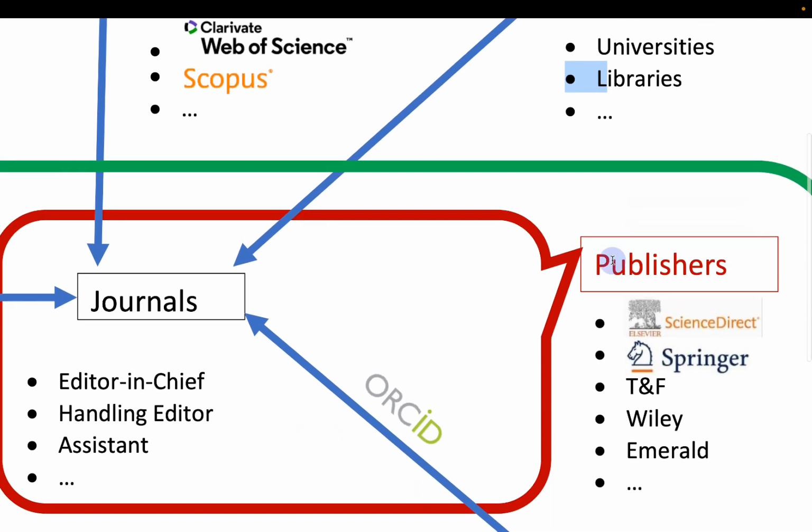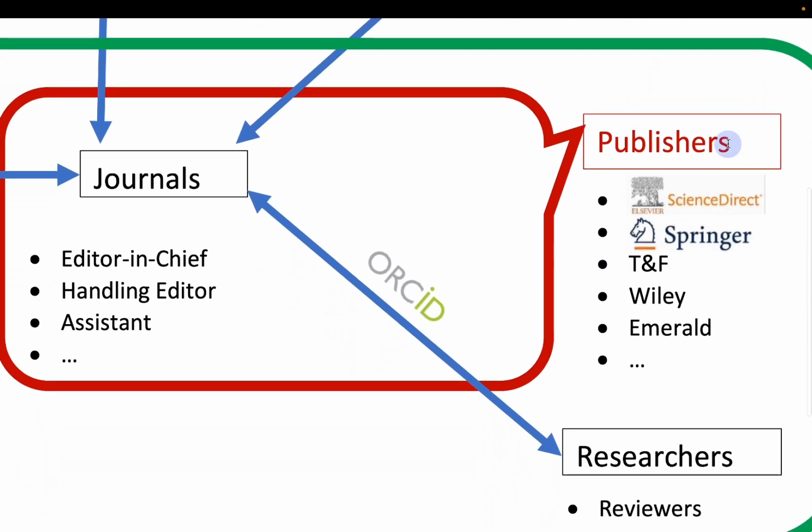Another player is publishers. The most well-known publishers are ScienceDirect, Springer, T&F or Taylor and Francis, Wiley and Emerald. They help journals offer the accepted papers in a pleasant environment to potential readers.